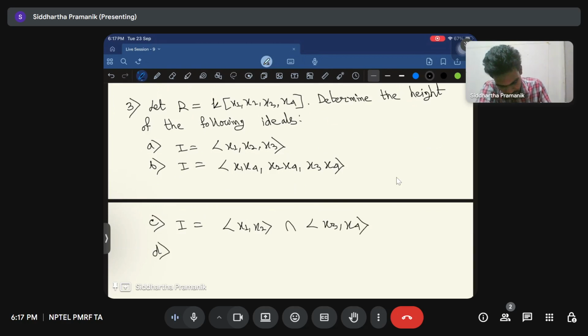And let's take D as the ideal generated by x1, x2 intersection with, okay, let's take x1 just, and intersection of this with x2 x4, x3 x4.